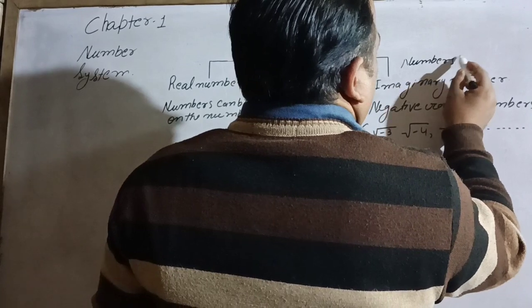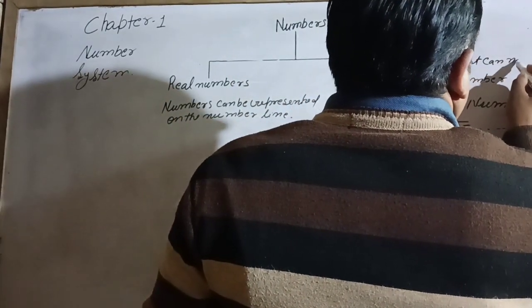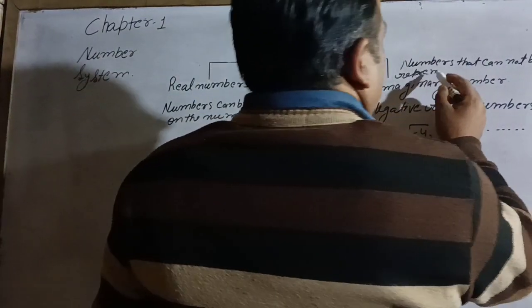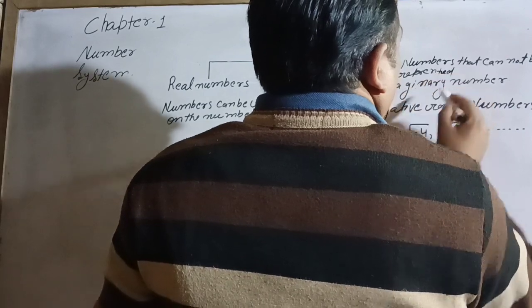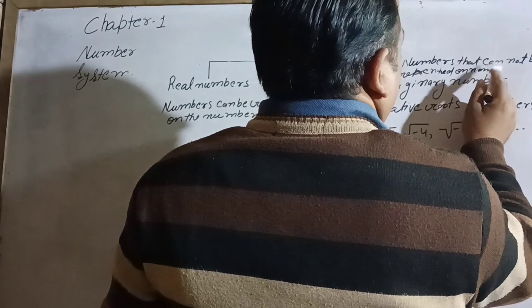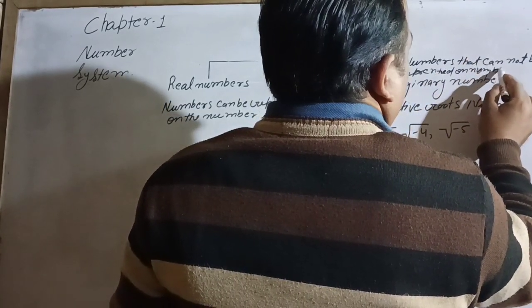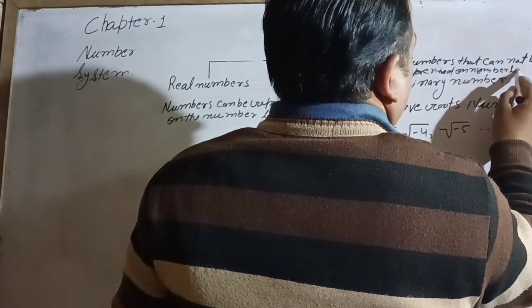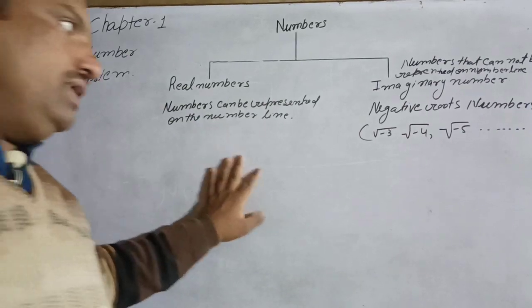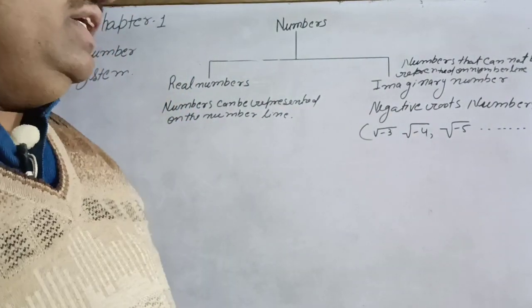Numbers that cannot be represented on the number line are imaginary.